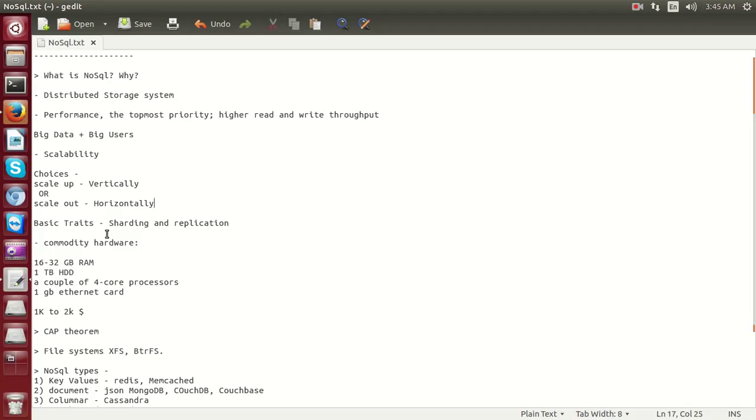It takes the approach of horizontally scaling, that is scaling out, and that's where it shines. Its basic traits are replication and sharding. Sharding means that you spread your data across multiple machines or nodes, and replication is you replicate your data for failover situations.